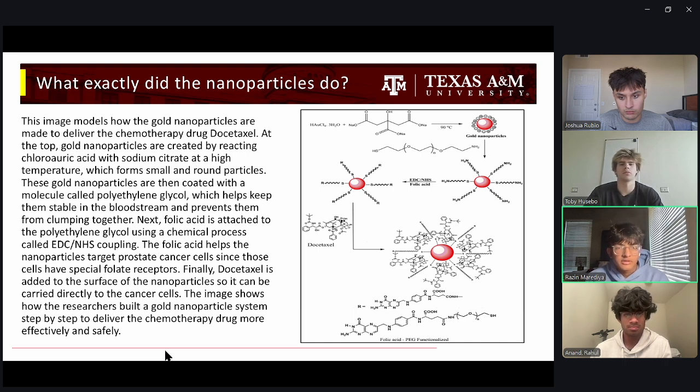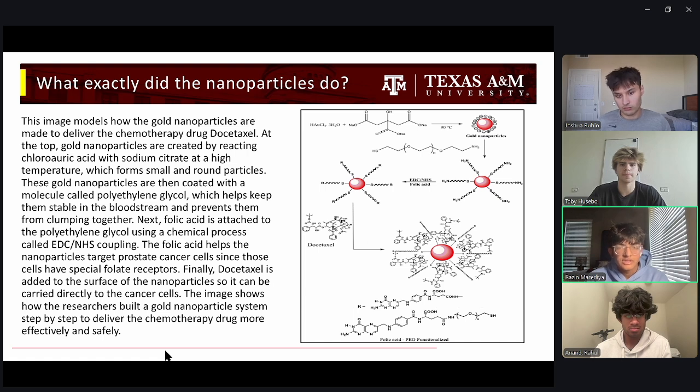These gold nanoparticles are coated with a molecule called polyethylene glycol, which helps keep them stable in the bloodstream and prevents them from clumping together. Next, folic acid is attached to the polyethylene glycol using a chemical process called EDC/NHS coupling.